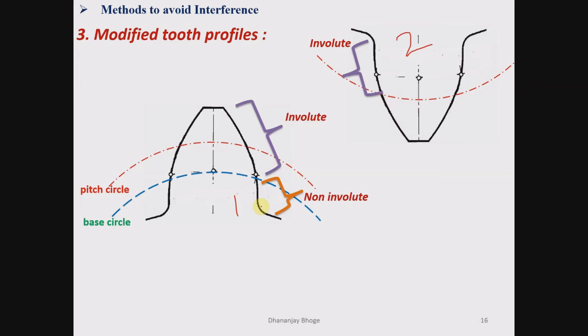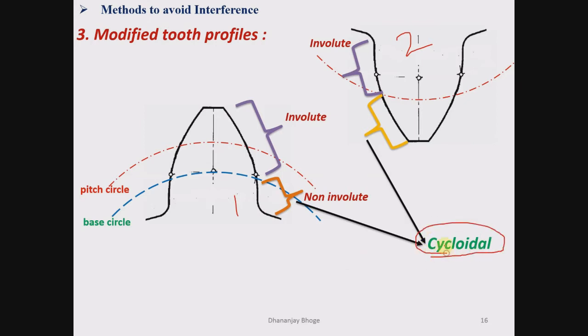What we can do here, two mating non-involute profiles are converted into the cycloidal one so that they can mesh with each other without producing any kind of interference. So this is how we can modify the tooth profiles of mating teeth.